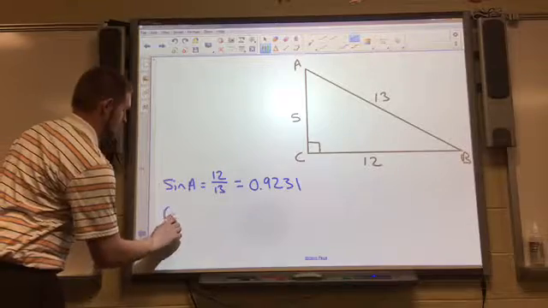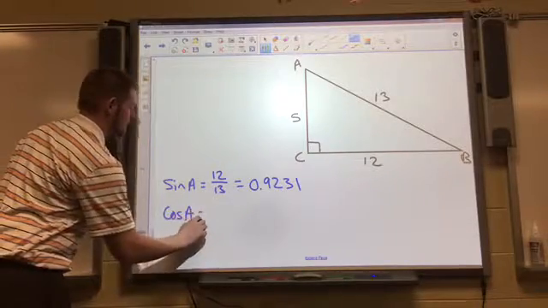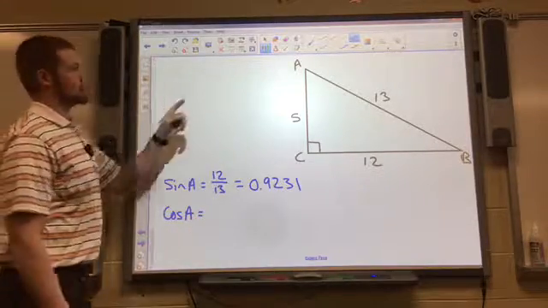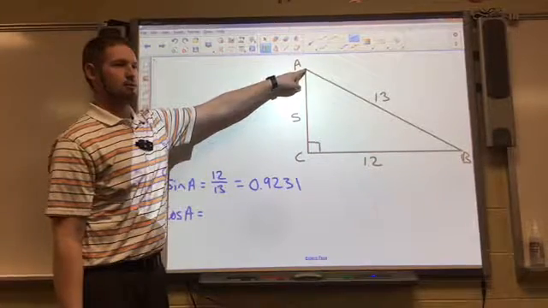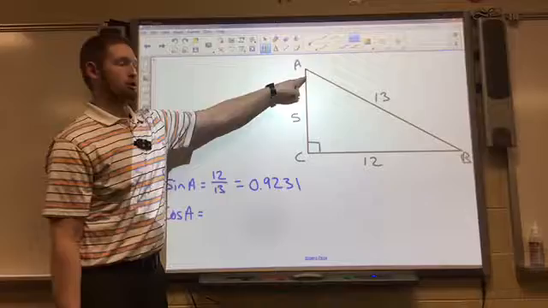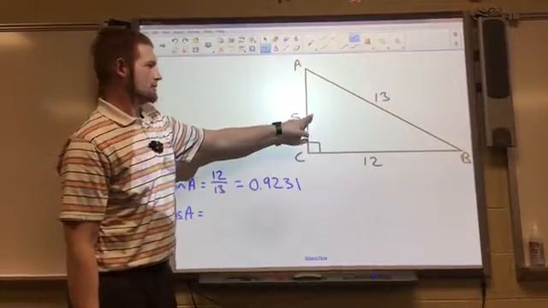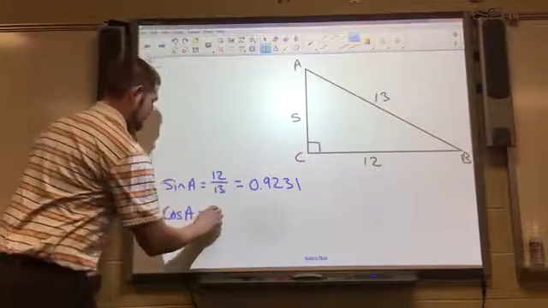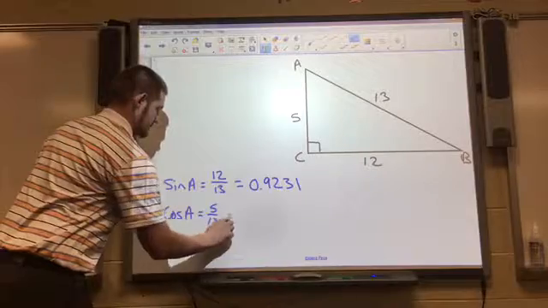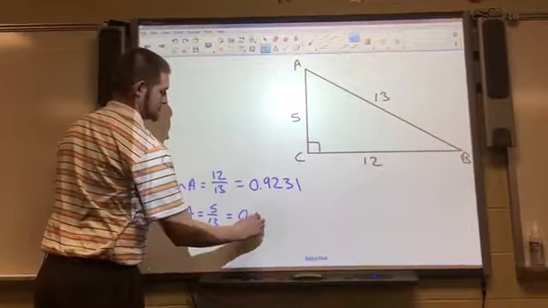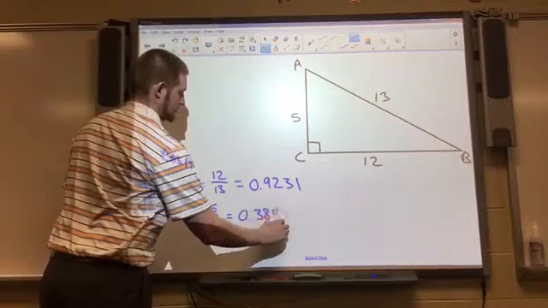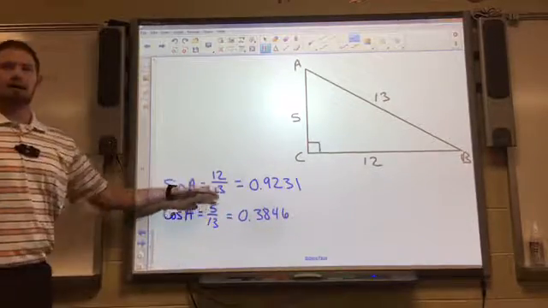So the cosine of A would be what? Cosine is adjacent over hypotenuse, so it's 5 over 13, which equals 0.3846. Is anybody not getting these answers?